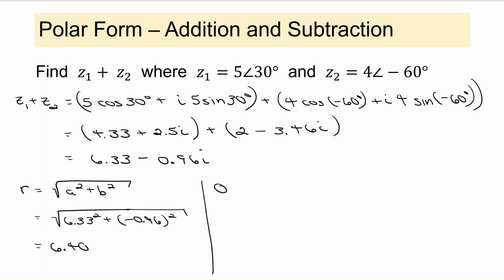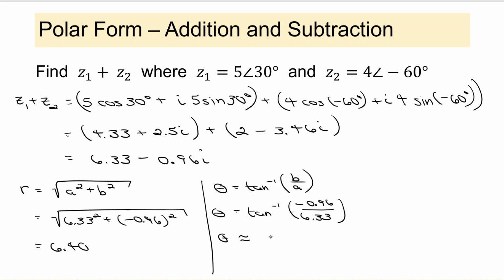Theta is going to be the inverse tangent of B over A. So that's going to be inverse tangent of negative 0.96 over 6.33, and that's approximately equal to negative 8.62 degrees.